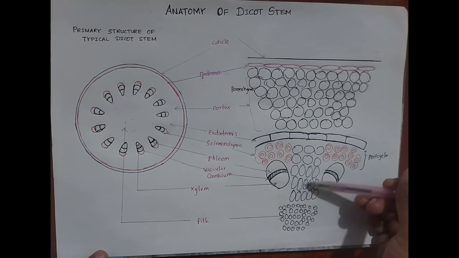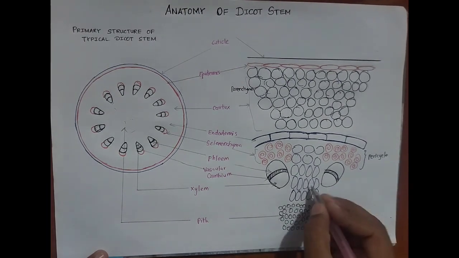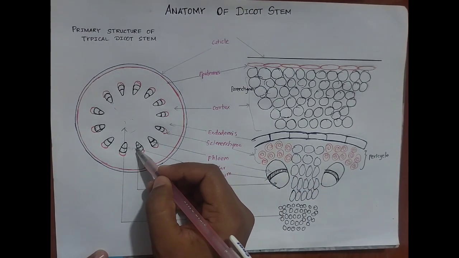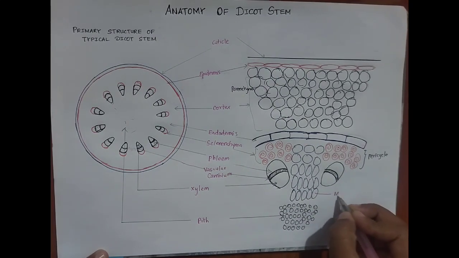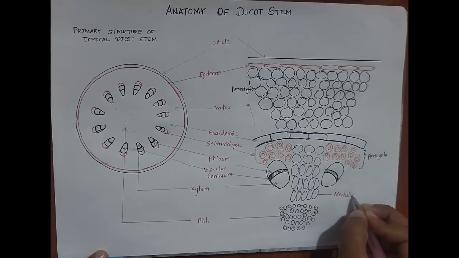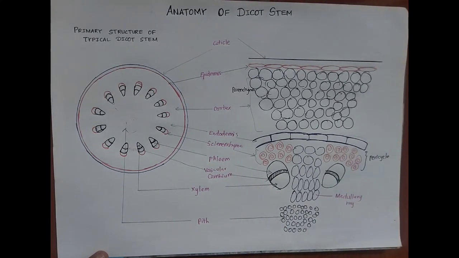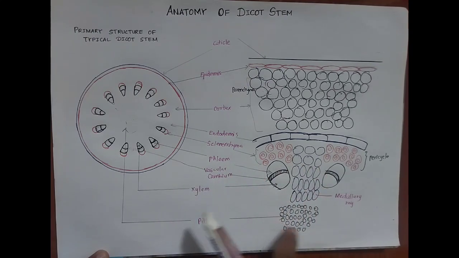This part we can also call medullary rays. That is important because that is what we are going to learn in the secondary growth: what is going to happen in between these medullary rays.